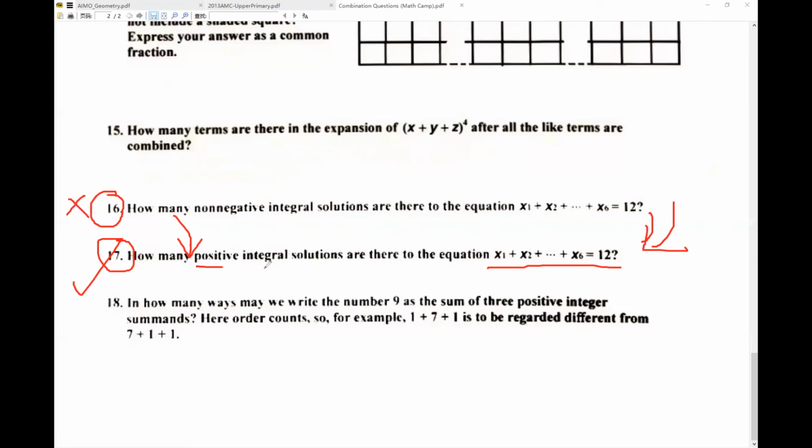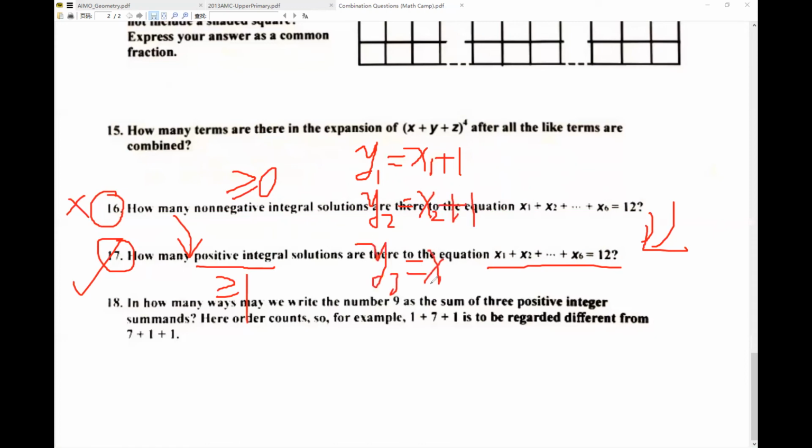This variable is positive, that means greater or equal to 1. This one is non-negative, greater or equal to 0. So I do a swap using new variables: I define y1 equals x1 plus 1, y2 equals x2 plus 1, y3 equals x3 plus 1, and keep going until y6 equals x6 plus 1.